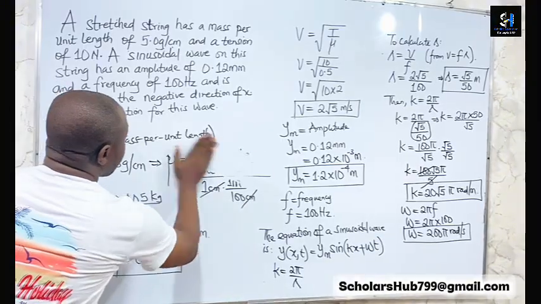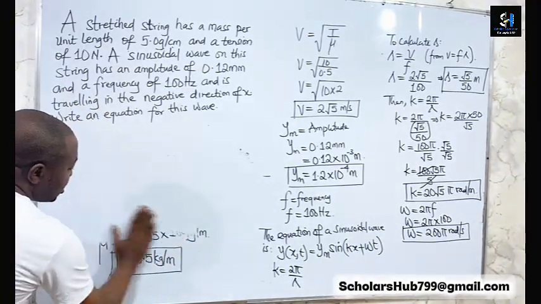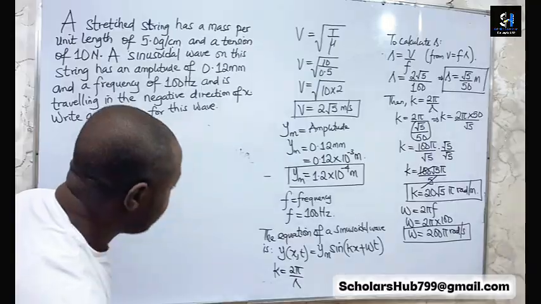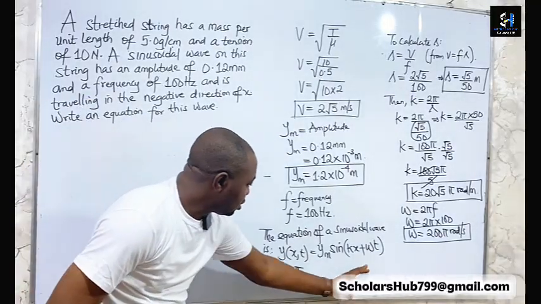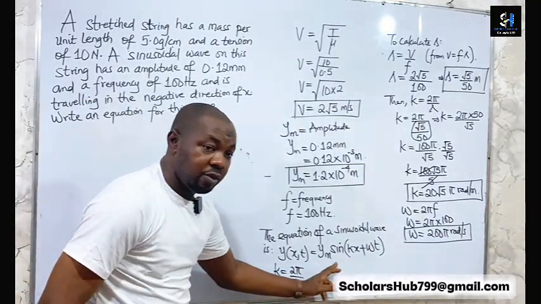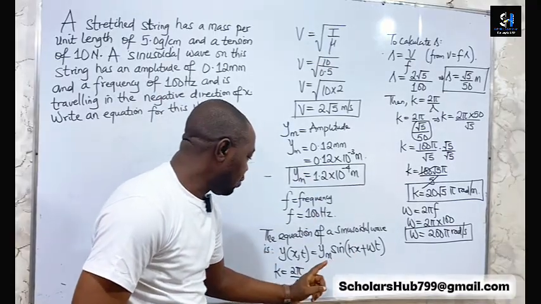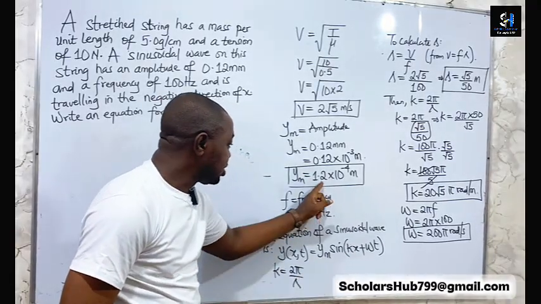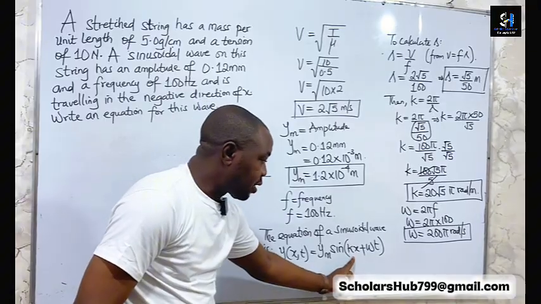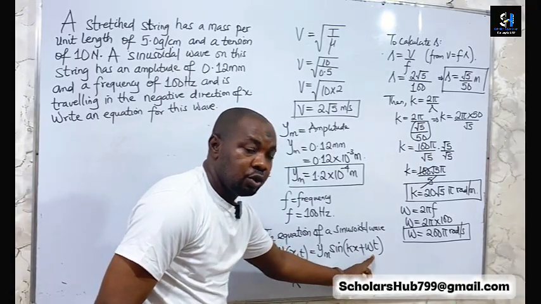Now, to write the equation in this form, we're going to plug in the value of the amplitude, which is this one, and also the value of k and the value of omega.